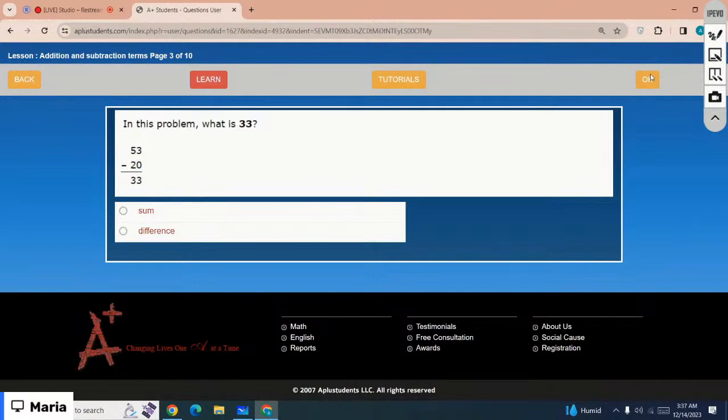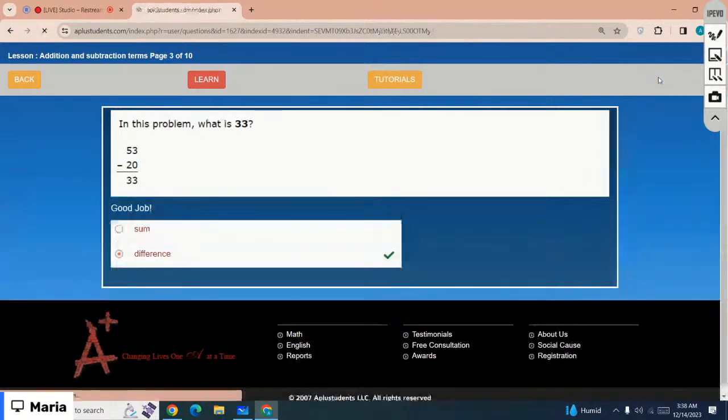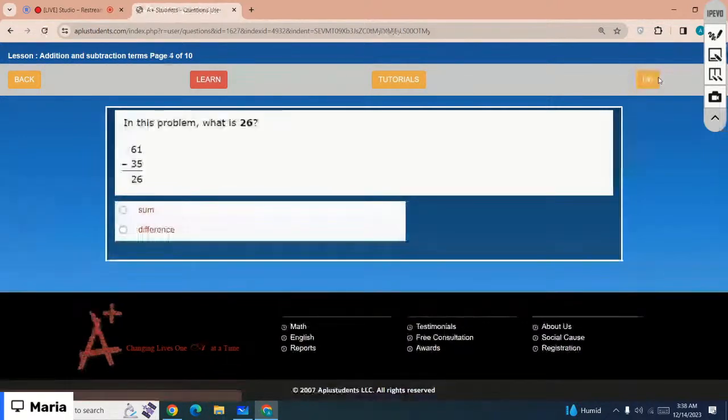The correct option is, yes, that is a difference. When you are subtracting two numbers, the answer must be the difference. When adding, the answer must be sum, and when subtracting, the answer must be difference. So 33 is the difference, right? In this problem, what is 26?